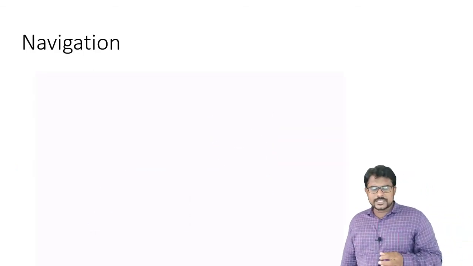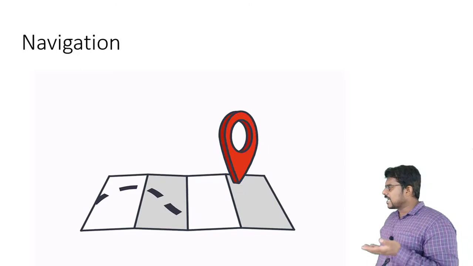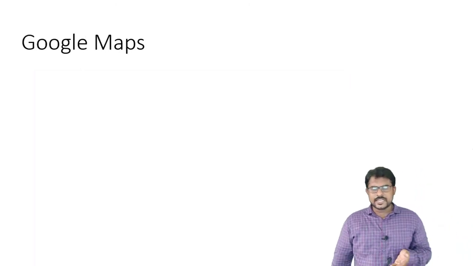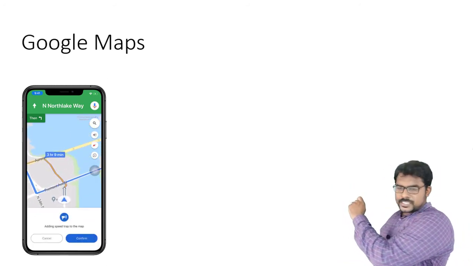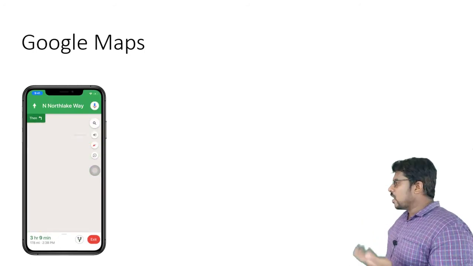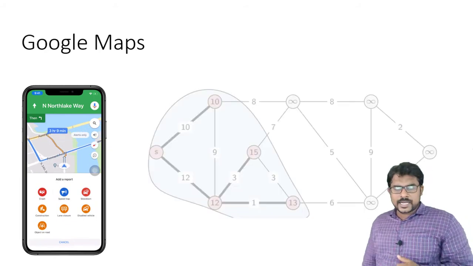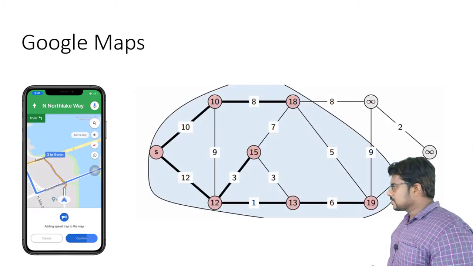The first application we are going to see is navigation. When it comes to navigation, Google Maps plays a very important role. When you want to go to a particular destination, you enter the destination and it shows you the best possible route, the time taken and the distance. How is it able to compute this? This is done using graphs again.